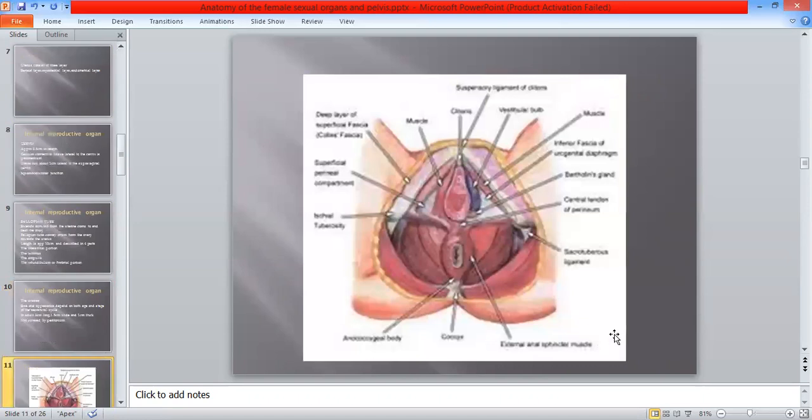The other things are the pelvic diaphragm, the genital diaphragm, and the muscles of the perineum. Just revise these from anatomy.